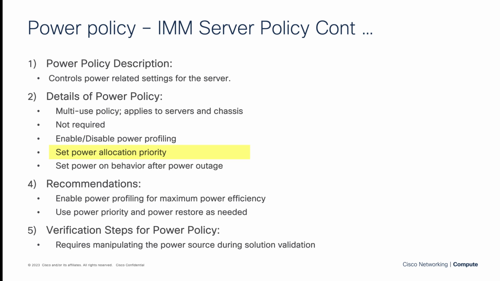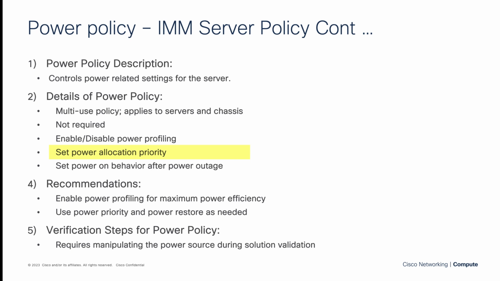The power priority determines how power is allocated in those constrained environments. In order of priority from high to low, each server is allocated its minimum power requirement until all servers can be booted. If additional power is available, it is equally divided across all the servers at each priority up to the server's maximum power demand, either from the profile data or the catalog estimates, again continuing until all available power has been allocated.